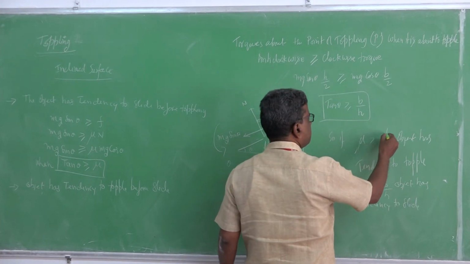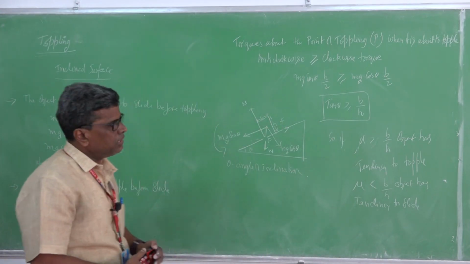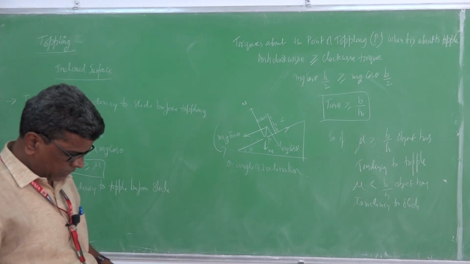If mu is greater than b by h, the object has a tendency to topple. These are the conditions of toppling.